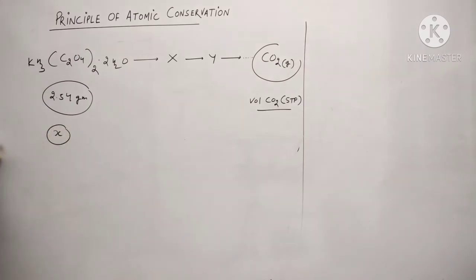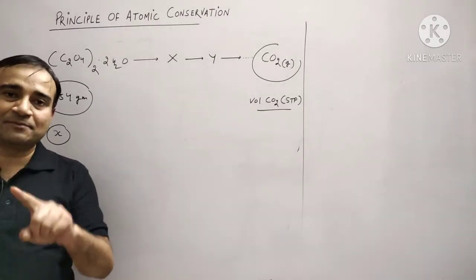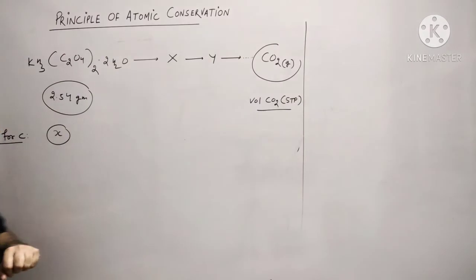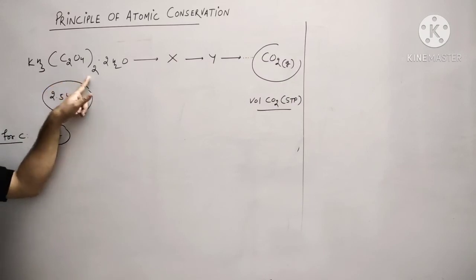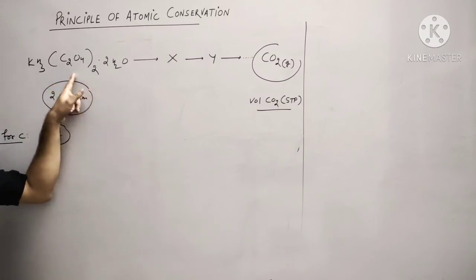If I apply POAC for carbon, as it is given to us that all carbon atoms are going to convert into CO2. So what will happen if the moles of salt is X and the atomicity of carbon in this salt is 2 or 4? 4. 2 into 2, 4.